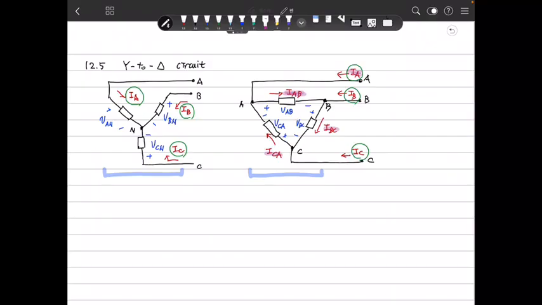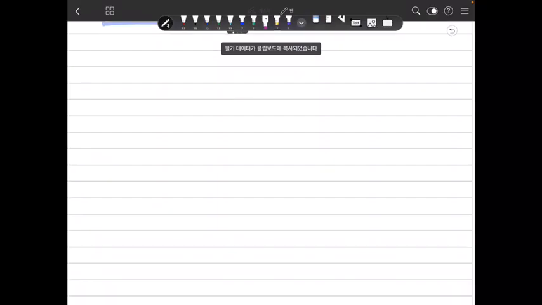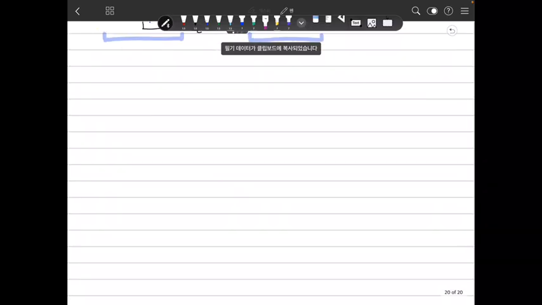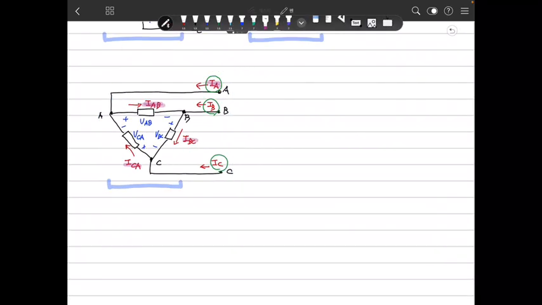Now I want to analyze this delta configuration in more detail. We make a simple equation.